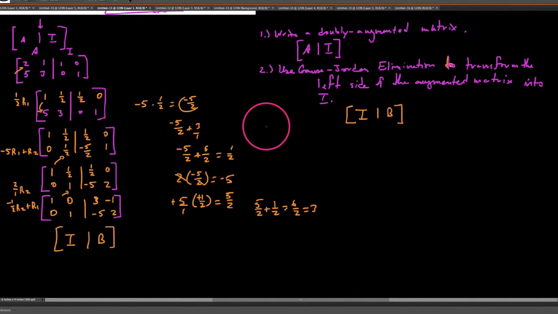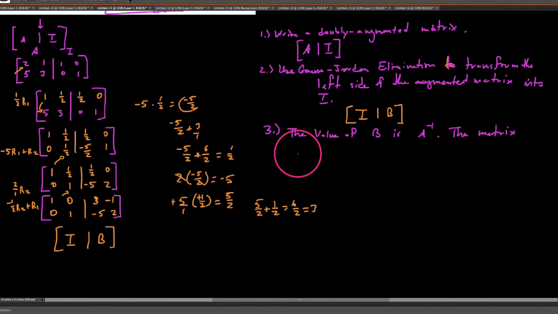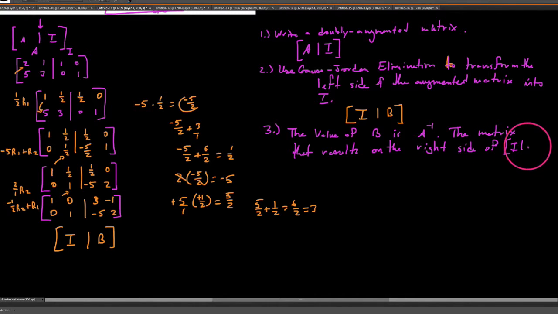But what we can say is, step 3 here, the value of B is A inverse. That is to say that the matrix that results on the right side of I B is really I on the left, A inverse on the right.